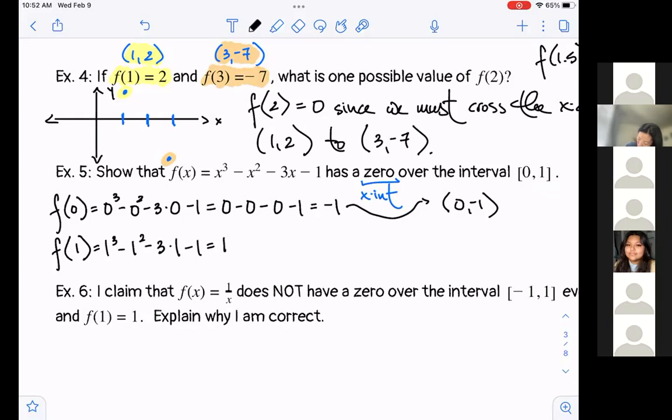Let's see, 1 minus 1 minus 3 minus 1 gives us negative 4. Yeah, mental math can be hard sometimes. I think it's negative 4. And this would be (1, -4).